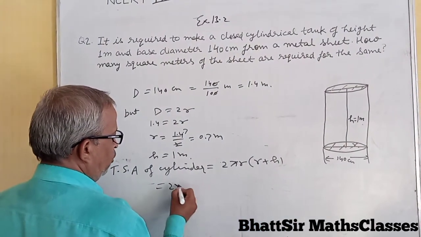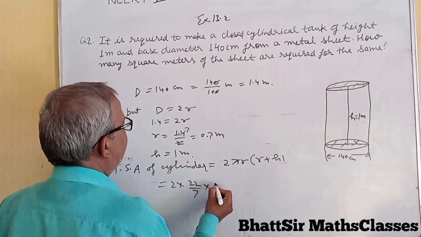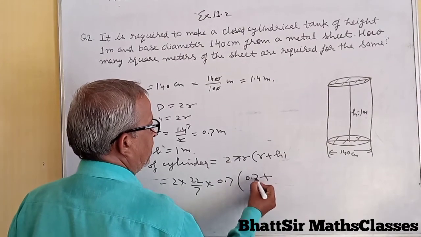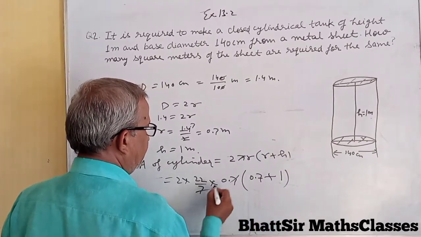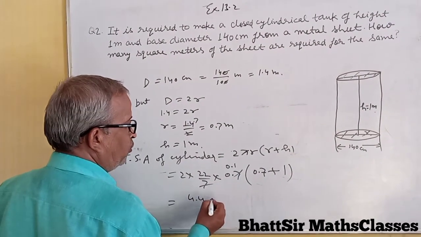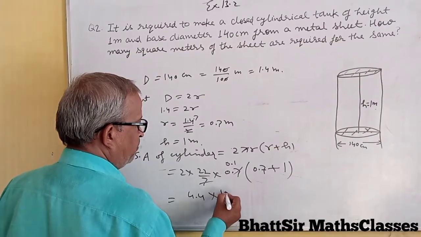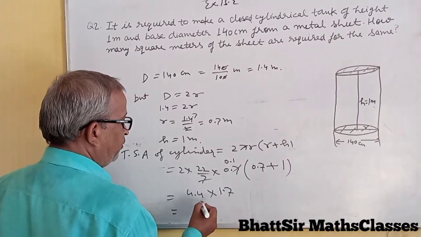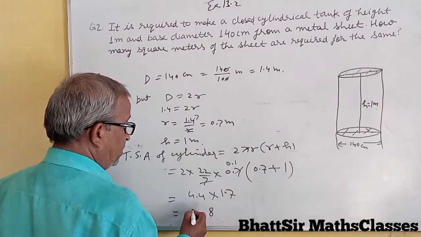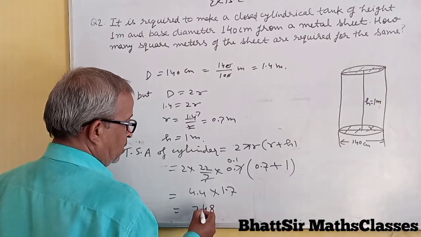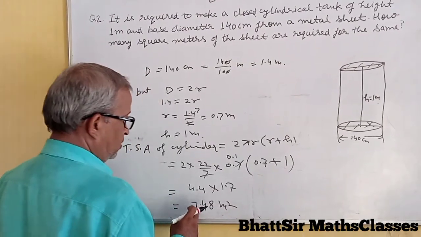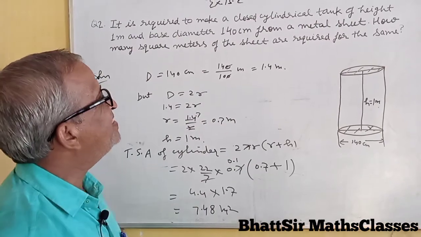It means 2 into 22 upon 7 into radius 0.7, bracket start 0.7 plus 1. 7 cancel out, 0.1, 44, 4.4 multiply 1.7. 7 fours are 28, 7 ones are 7 plus 2 is 9... carry over, total 7.48 meter square. So this is the required answer.